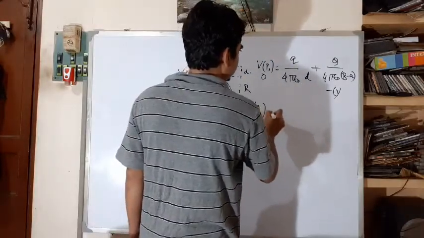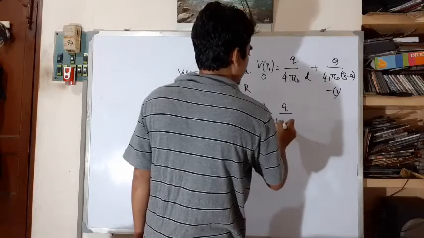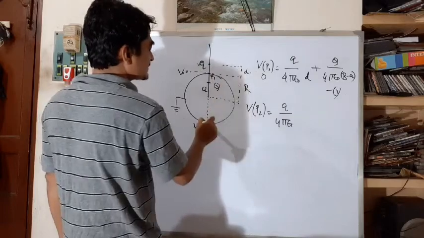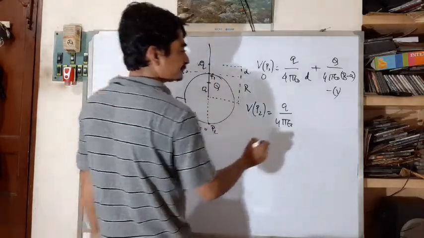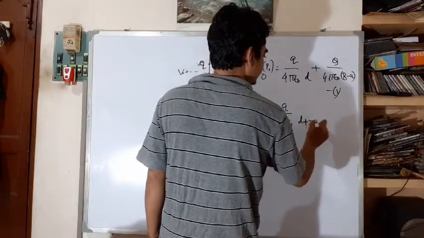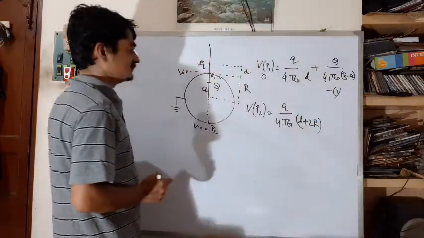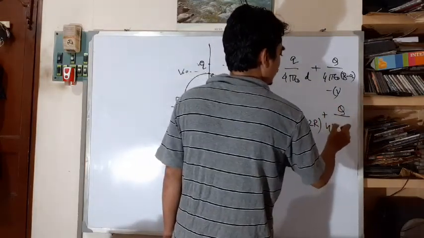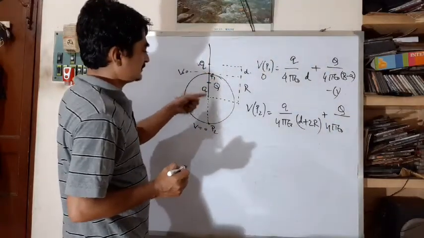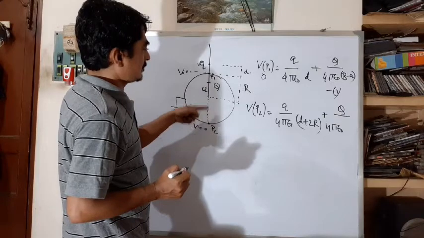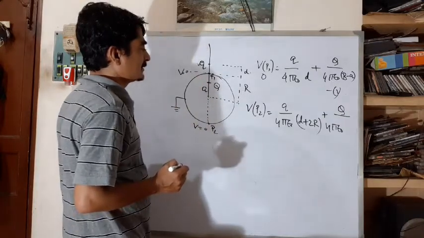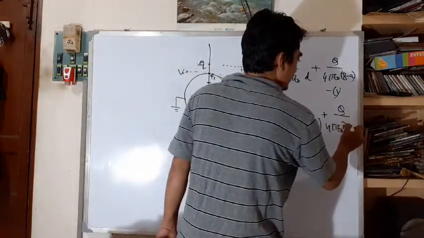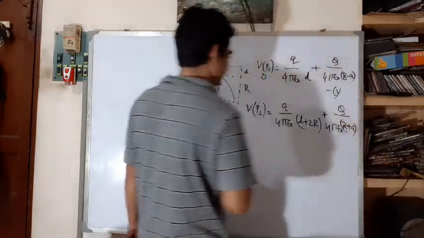Vp2 is Q by 4 pi epsilon naught, this is D plus 2R, and then plus Q by 4 pi epsilon naught, what is this distance? 2R minus, or R plus A. R plus A. This is also 0.